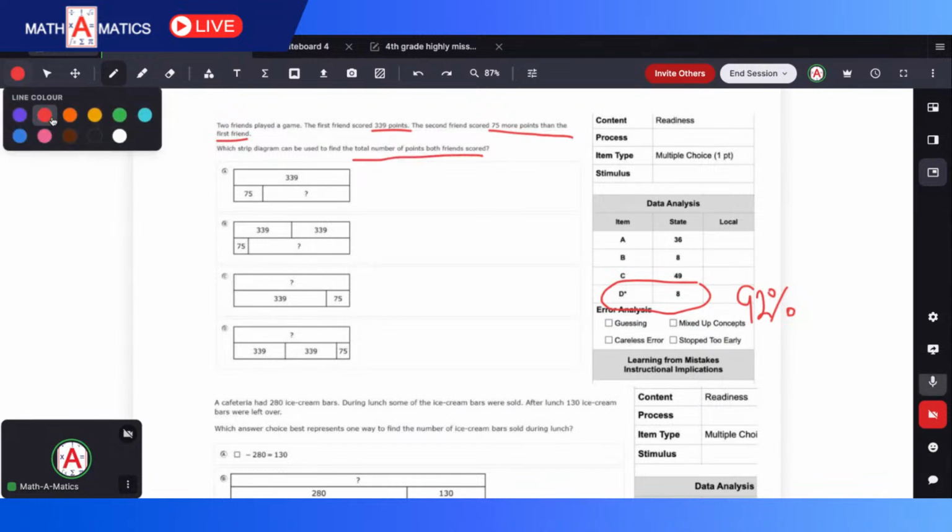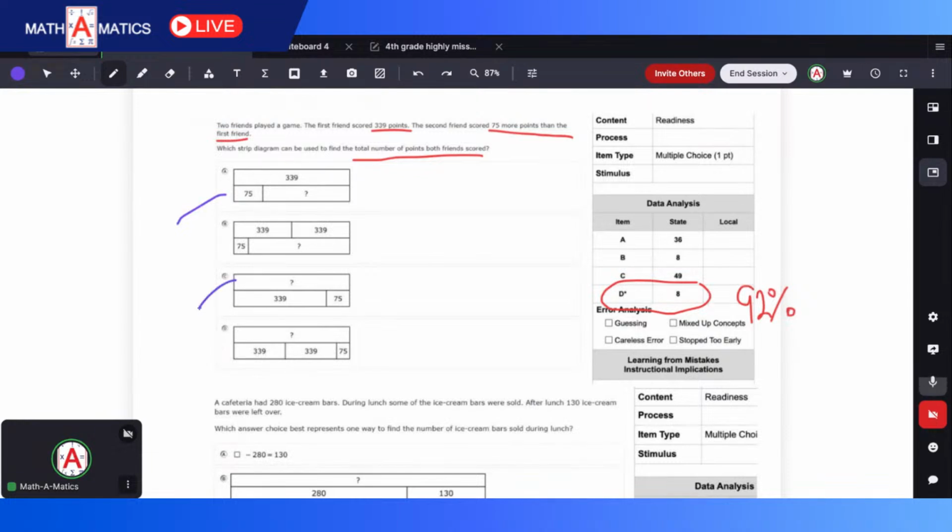Well, we said earlier today that our total is always one of our parts. And see, this one, we're looking for the total. So actually, and it can be either top or bottom. So these here, there's nothing that's just the total. We have a question mark and the whole strip. That means that top bar is our total.